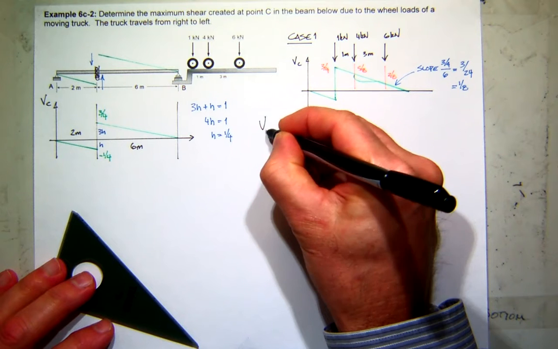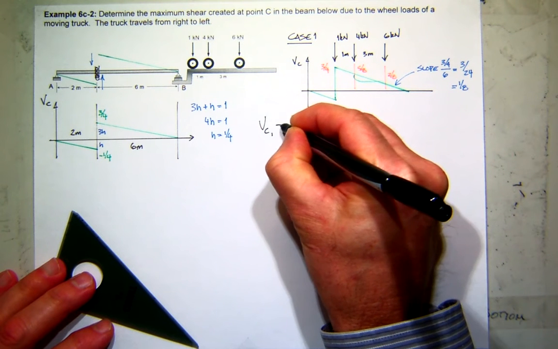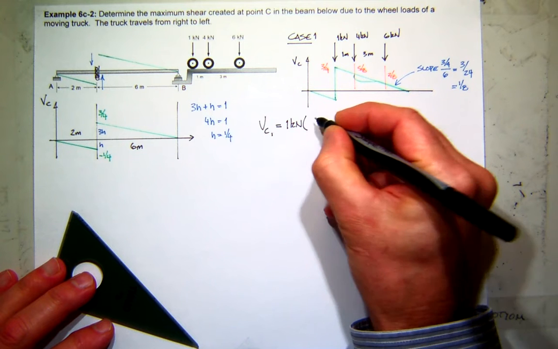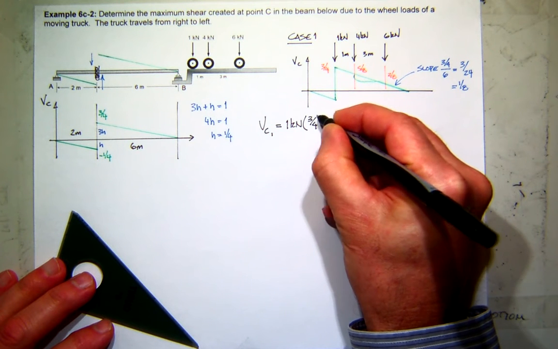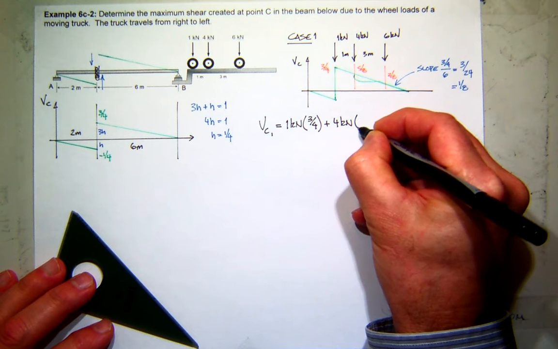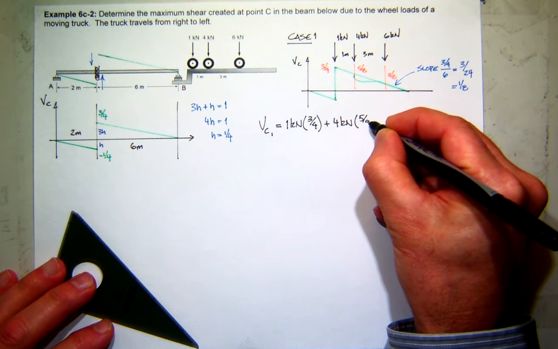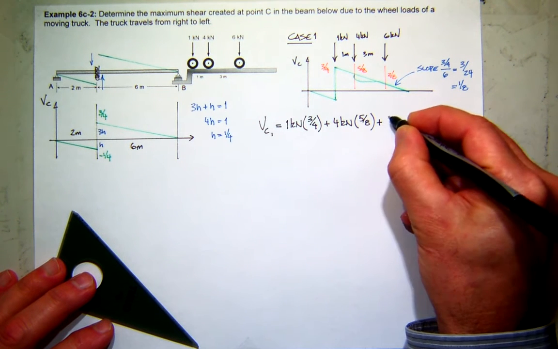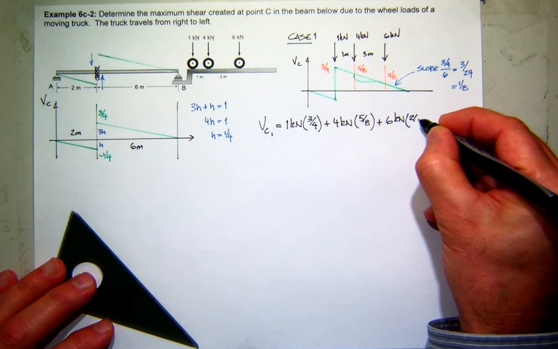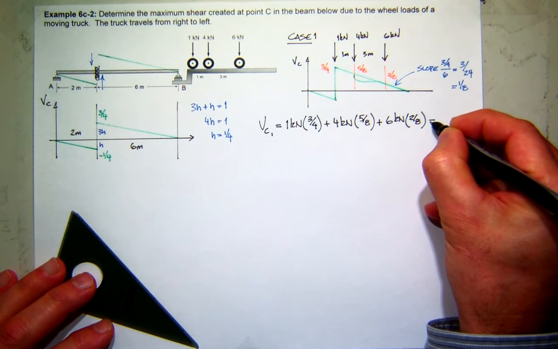So the shear at C for case 1 will be 1 kilonewton times 3/4 plus 4 kilonewtons times 5/8 plus 6 kilonewtons times 2/8. What's that equal to?